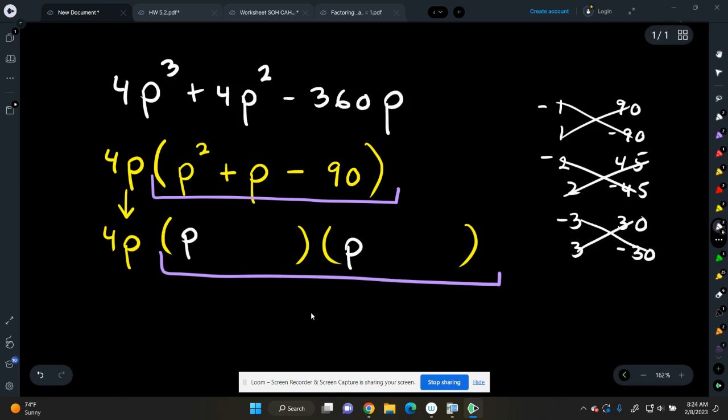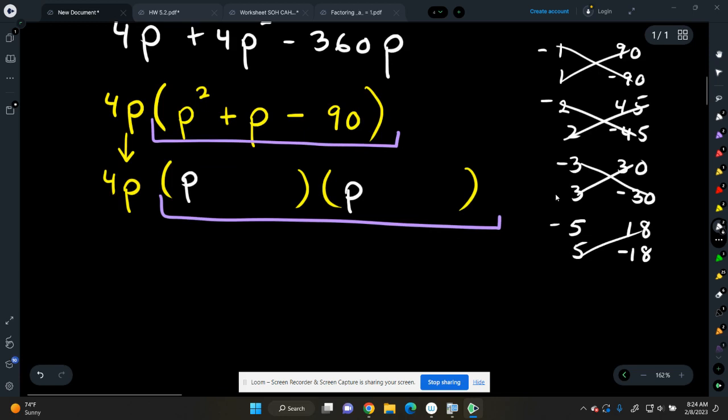Okay, does 4 go into 90? I don't think so. Okay. How about 5? 5 goes into 90 18 times. Will that add up to positive 1? Does 6 go into 90? I think it does 15 times.